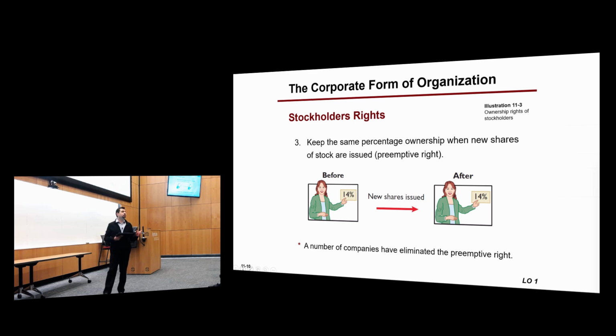Let's say that they own 10% of the company. They have the right to buy enough of the newly issued stocks to keep their share at 10%, before the company actually sells those stocks to someone else. So this is what we mean by they have the right to keep their own share of the company. If they own 10%, they have the right to keep that ownership.